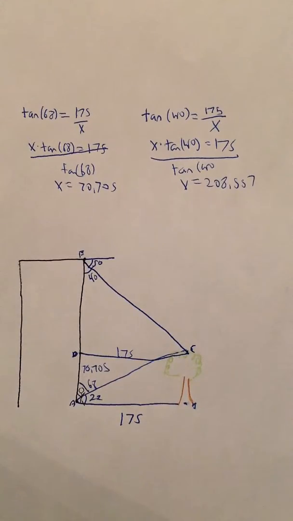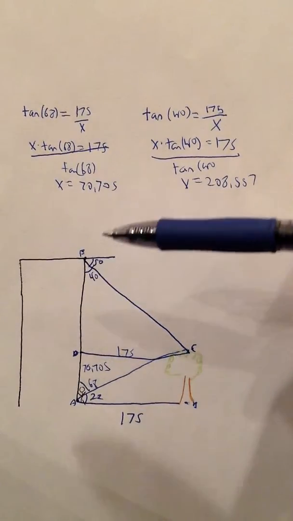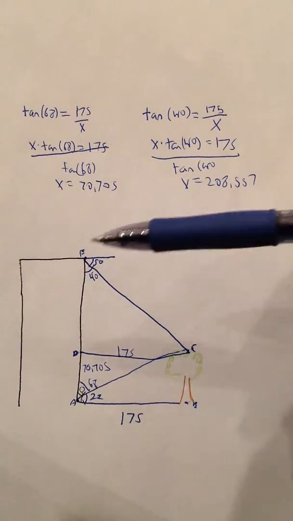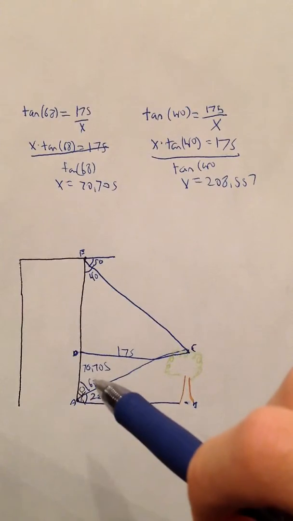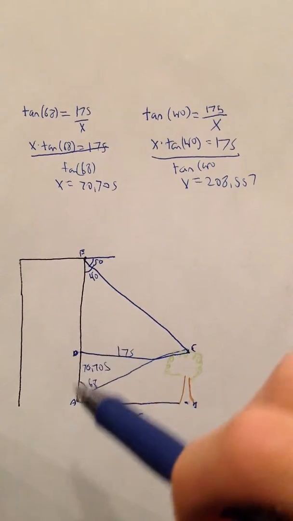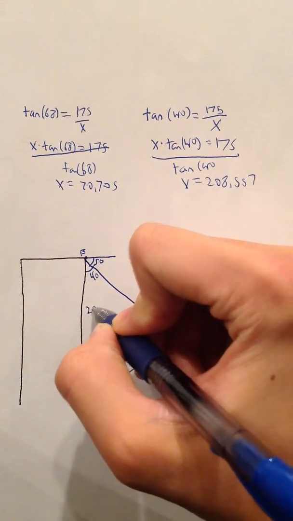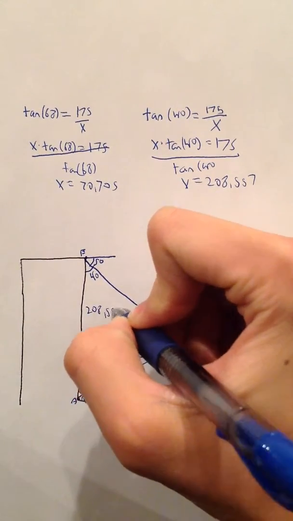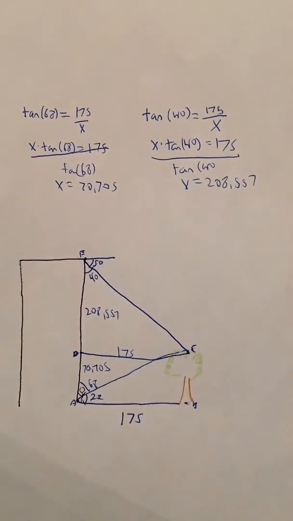And now it's rather simple math to find the total height of the building, or the length of EA, by adding 70.705, the length of AD, to 208.557, the length of ED.